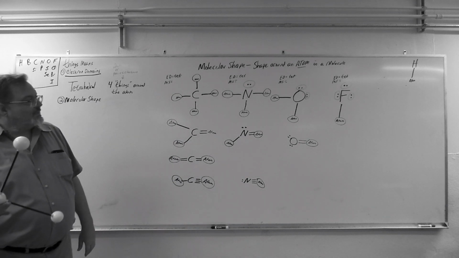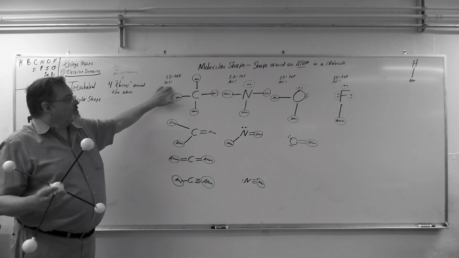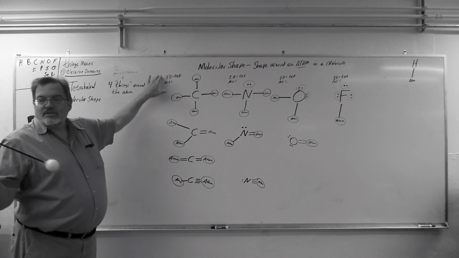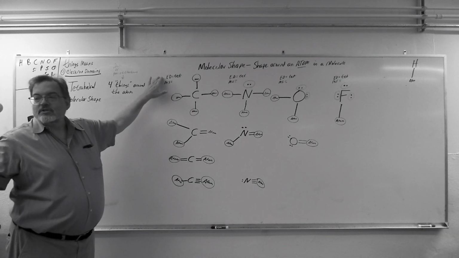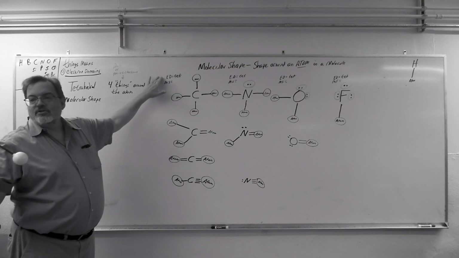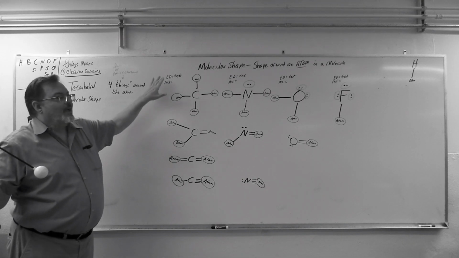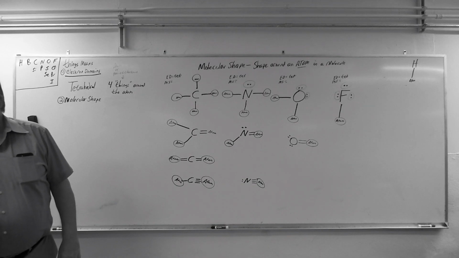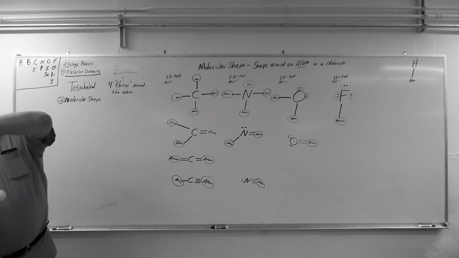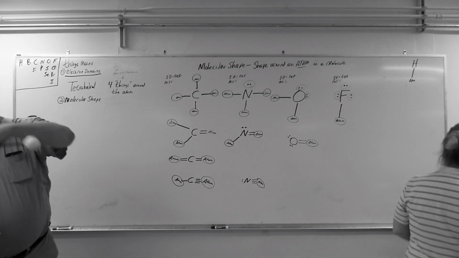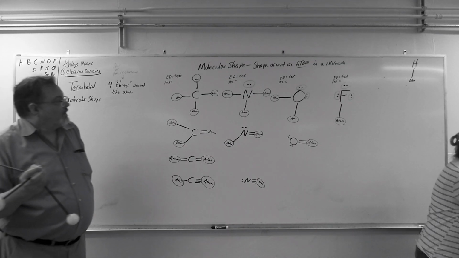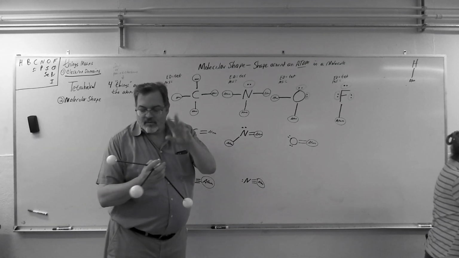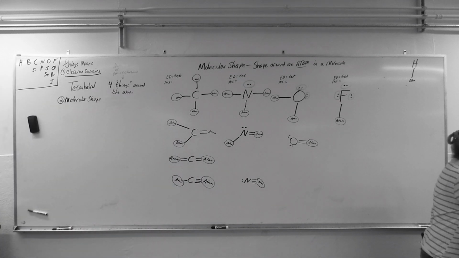In the case where we're trying to figure out molecular shape, you start with the shape that you get from just looking at all the electron domains. You start that as your thought process, and you go, okay, now I'm going to ignore the pair of electrons.